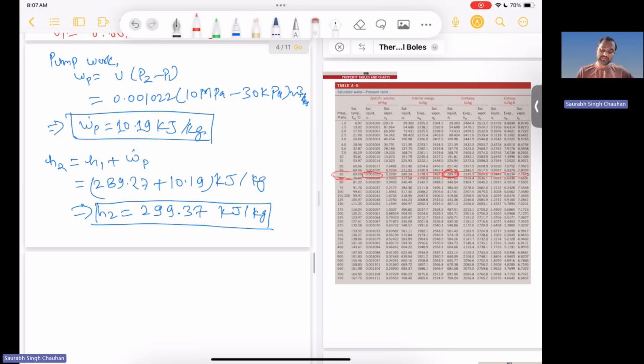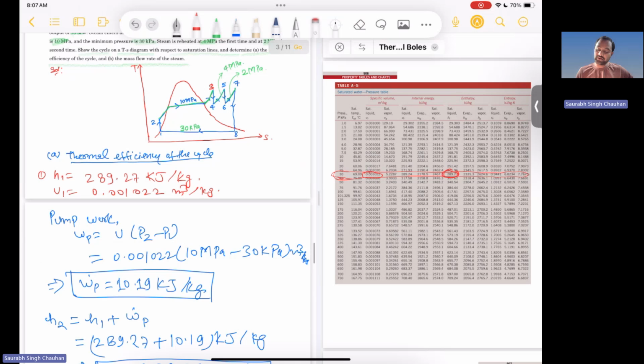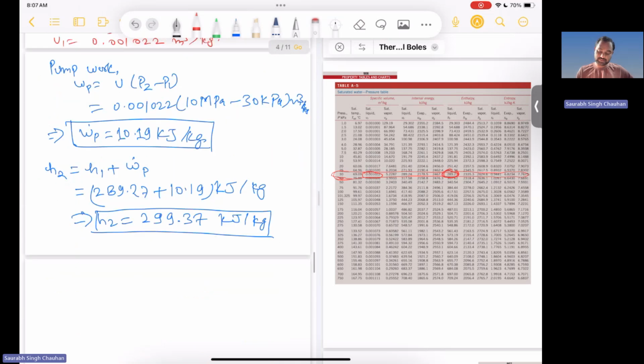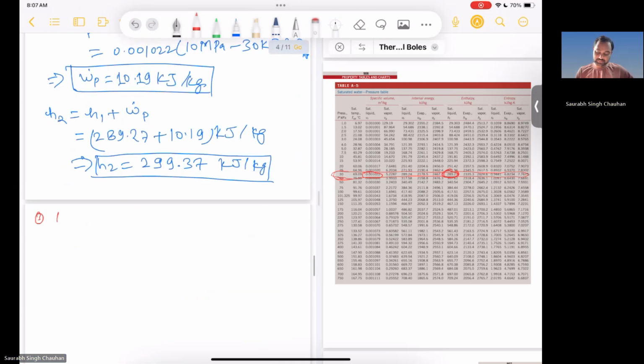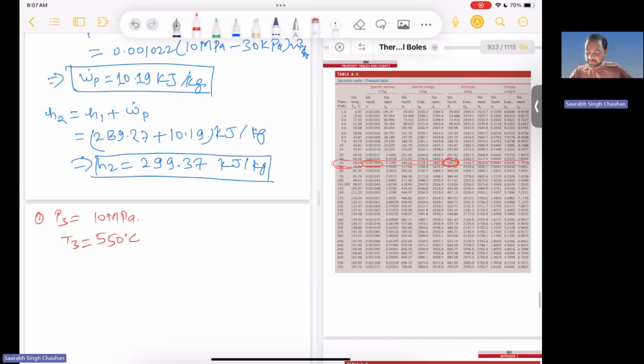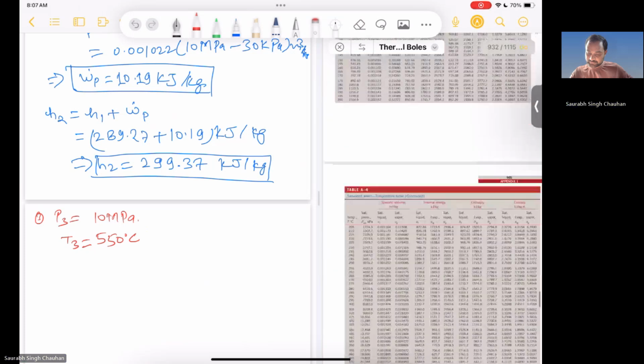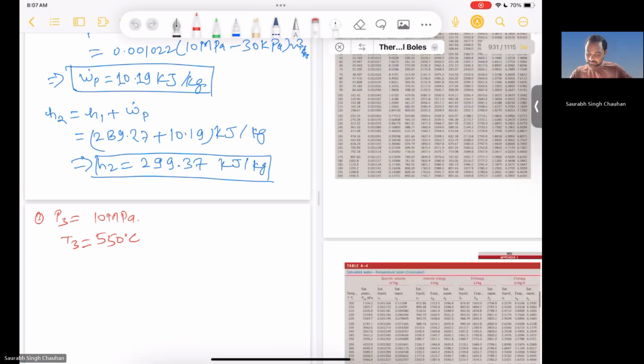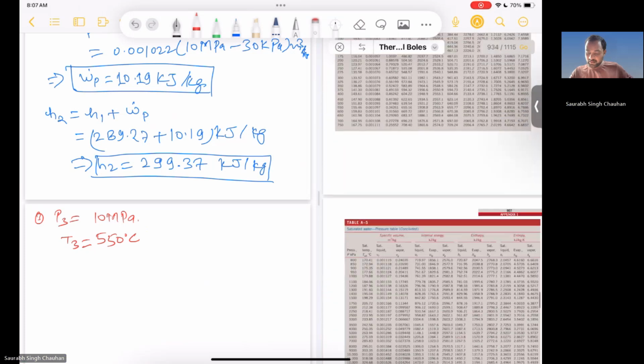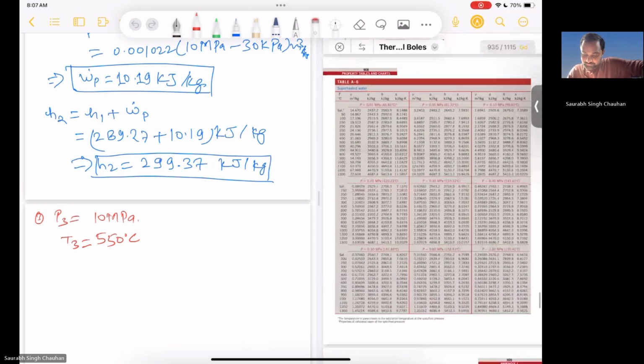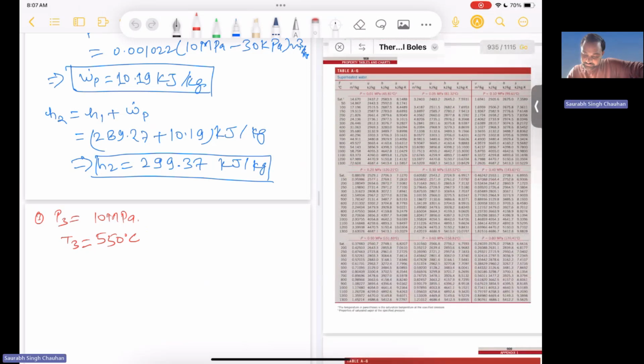Now we need values at point 3. Okay, so here is point 3. Point 3 is in the superheated region. So the pressure at point 3 was the maximum pressure. How much? 10 megapascal, correct? And the temperature was 550 degrees Celsius. So now you have to use superheated tables, right? These are the superheated tables.